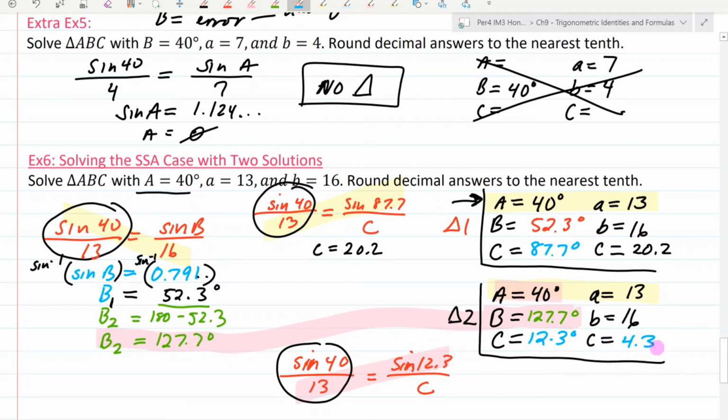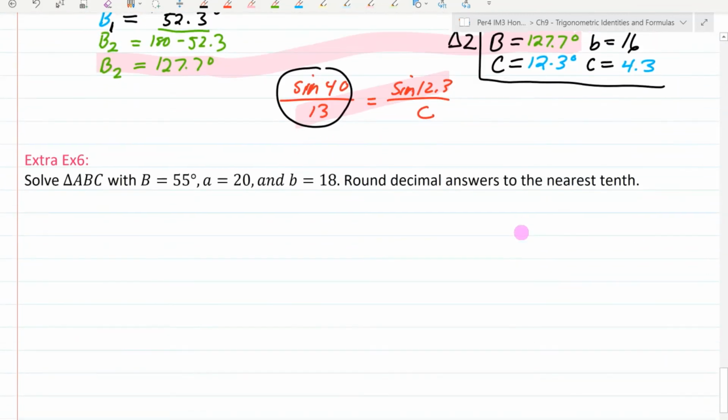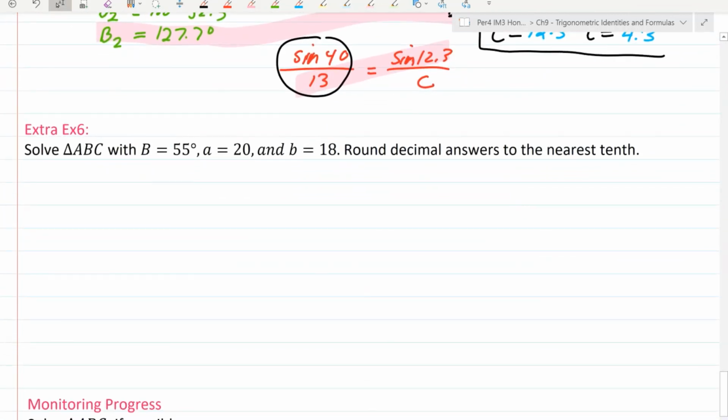So that side's really short because that angle is really small. So you can see that you do have two triangles, and then you need to try that for the next problems. I can do one more problem with you and then the rest of them I'm just going to write in the answers so you can have them.